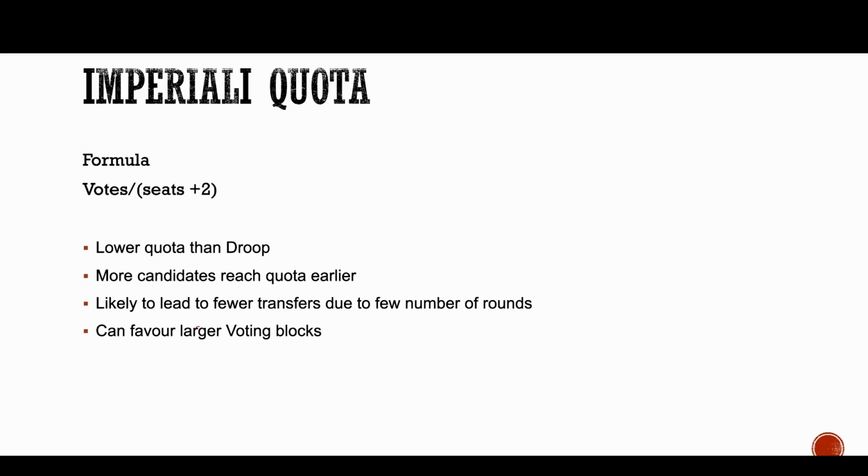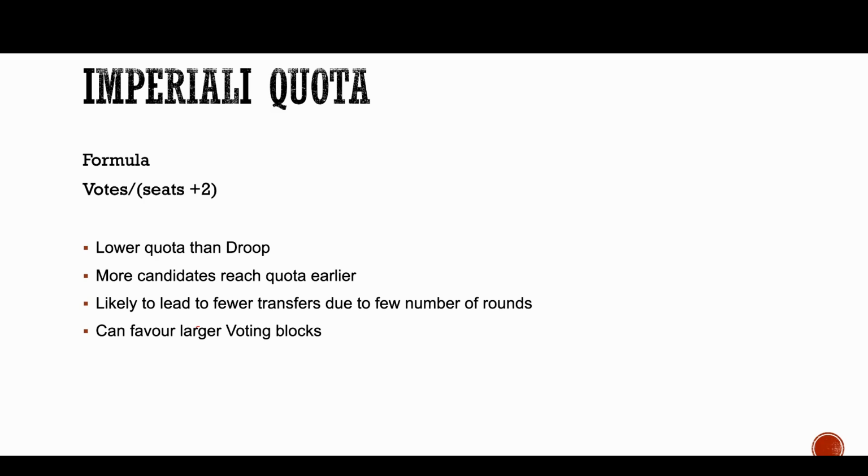Okay, so like we mentioned, we'll be using the Imperiali quota, and there is a particular formula for that quota that you'll see in practice through the examples. Generally, when you compare it to the other quotas, the Imperiali quota is lower than, for instance, Droop. More candidates would reach this quota earlier in comparison to the others.